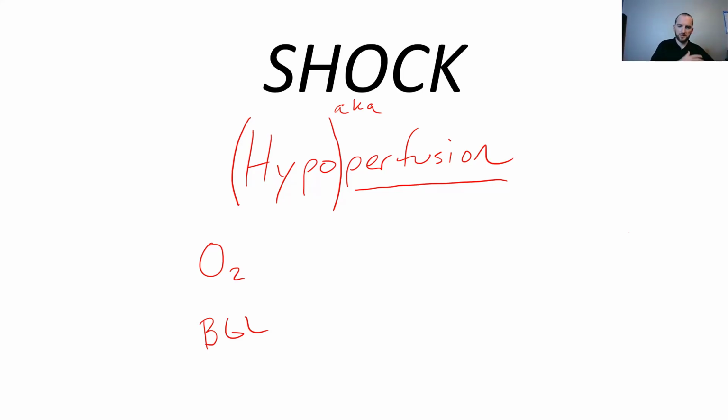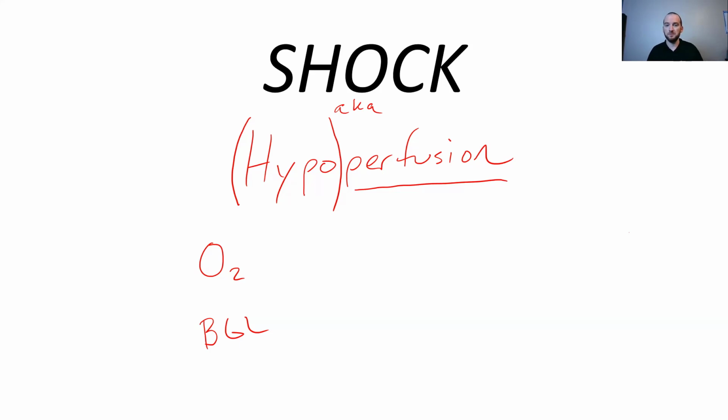We need an appropriate temperature. We need other nutrients too, but fundamentally, let's just talk about these two. So perfusion is circulating enough blood, enough oxygen and nutrients to meet the cellular demands of all the individual cells throughout the body, and all of those cells are part of larger tissues and organs, so being able to actually support all of those.